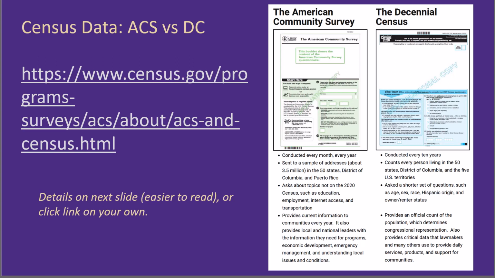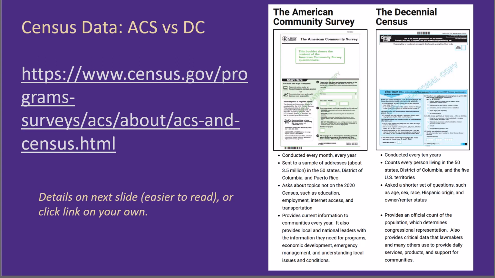Also, the link is provided for you to click and read on your own. Specifically, through the ACS, which you may not have heard of before, the American Community Survey helps us know more about jobs and occupations, educational attainment, veterans, and whether people own or rent their homes, as well as many other topics.